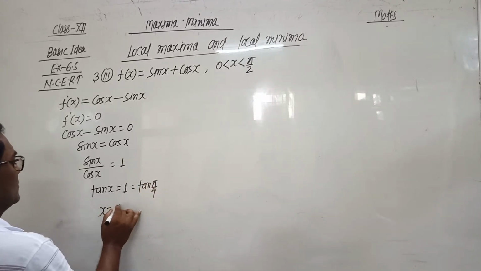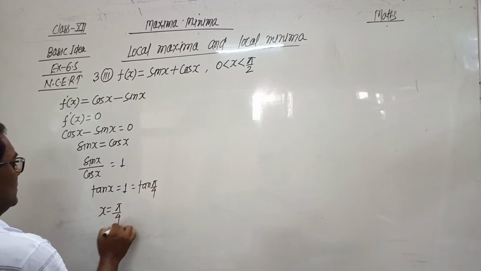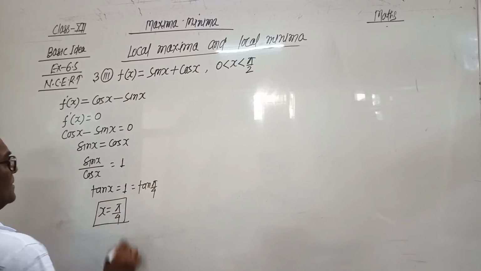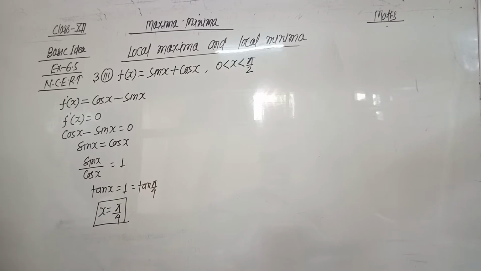So we get x equals pi by 4. We have to check for local maxima or local minima at x equals pi by 4.